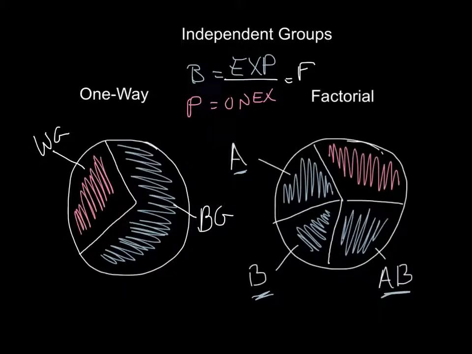And in each of those situations, factor A, factor B, and factor AB are all explained, and they are all between groups. Then you have this pink part, the unexplained, which is your within groups in independent groups ANOVA.